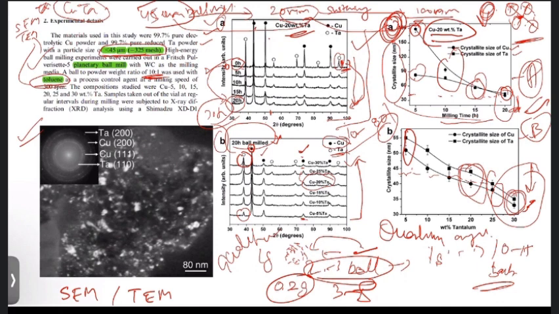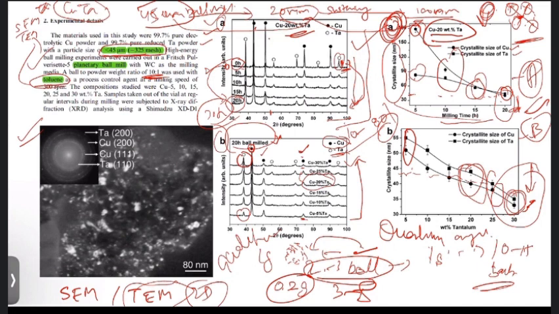So is it giving you a 2D image or a 3D image? It is a 2D image. You are only able to see what is at the surface; you are not able to see the whole picture. So it is a 2D image, and this is a TEM image.